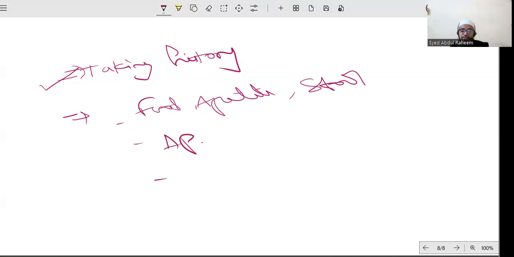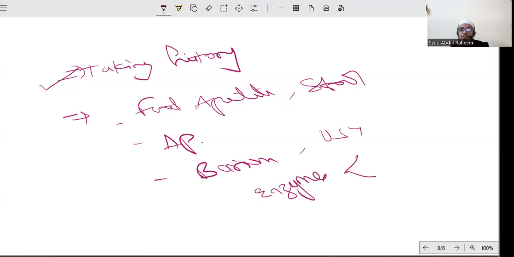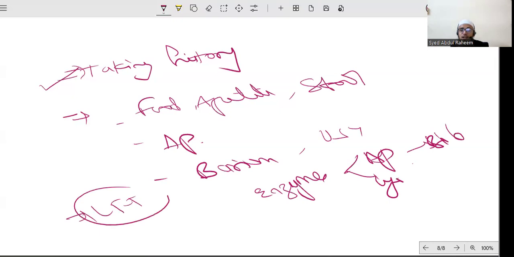abdominal pain, asking that, okay, and sometimes you have the radiography, that is barium meal radiography, or sometimes you need other examinations like USG or enzyme tests, amylase, lipase, or bile, or sometimes you need LFT, liver function test, how the liver is functioning.